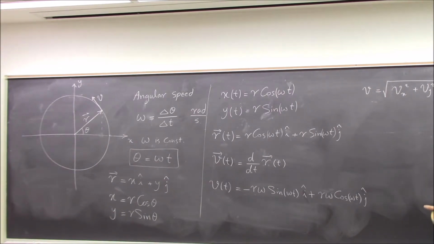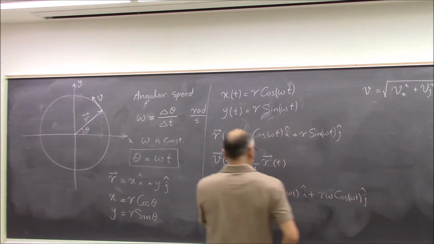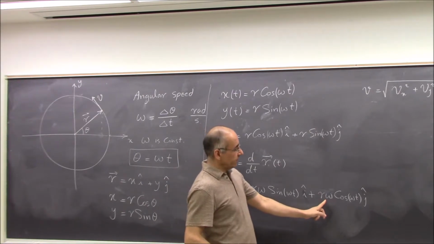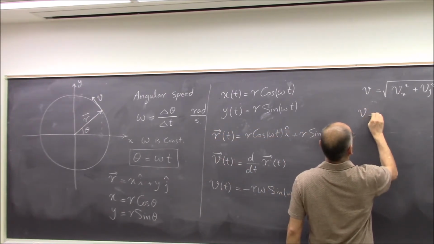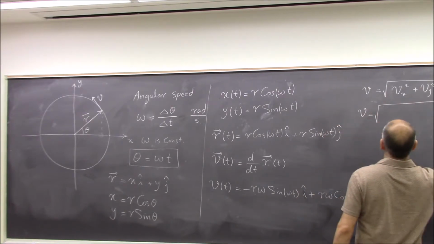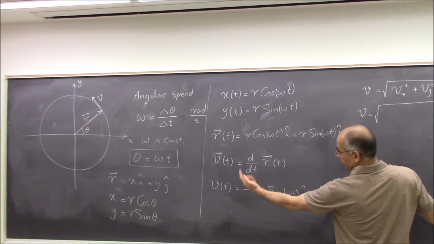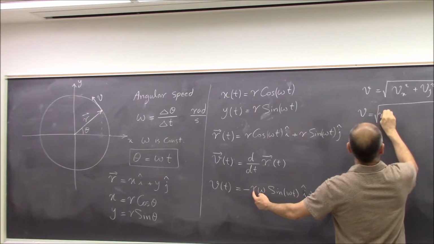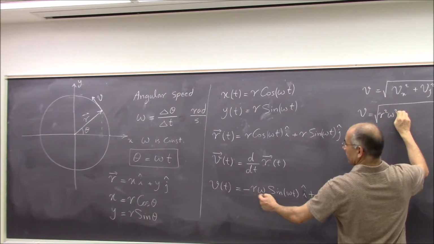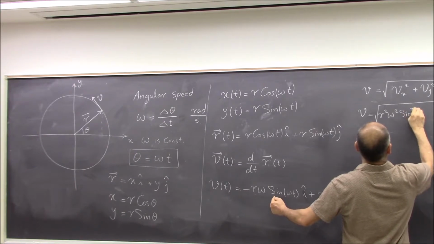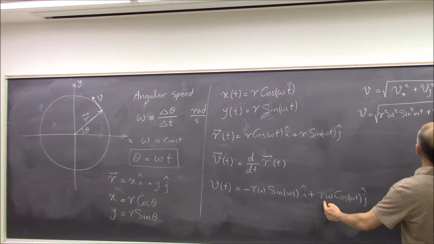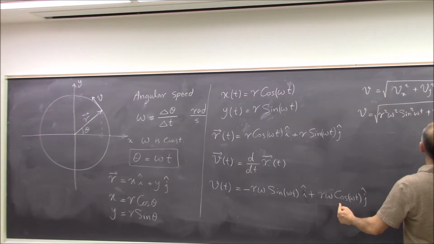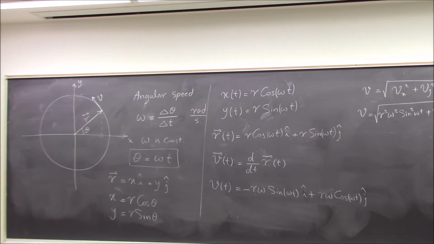And dx is negative r omega sine omega t and dy is r omega cosine omega t. So if you square them and take the square root, negative becomes positive, we get r squared omega squared sine squared omega t plus r squared omega squared cosine squared of omega t.